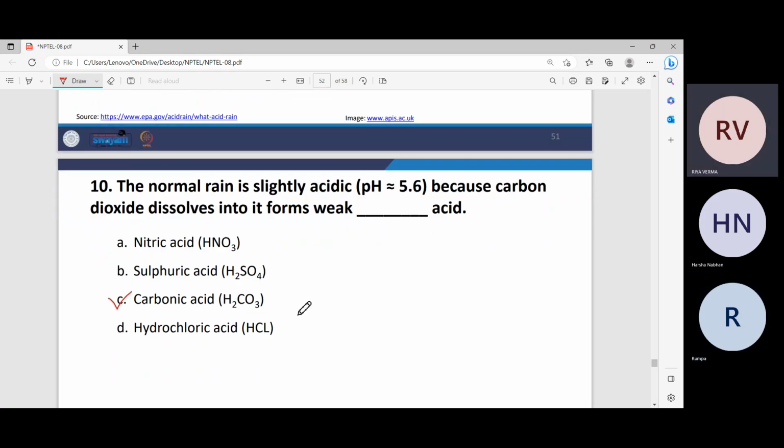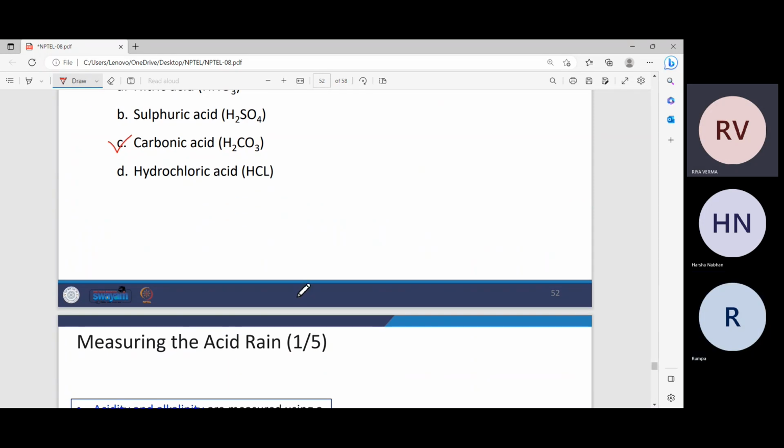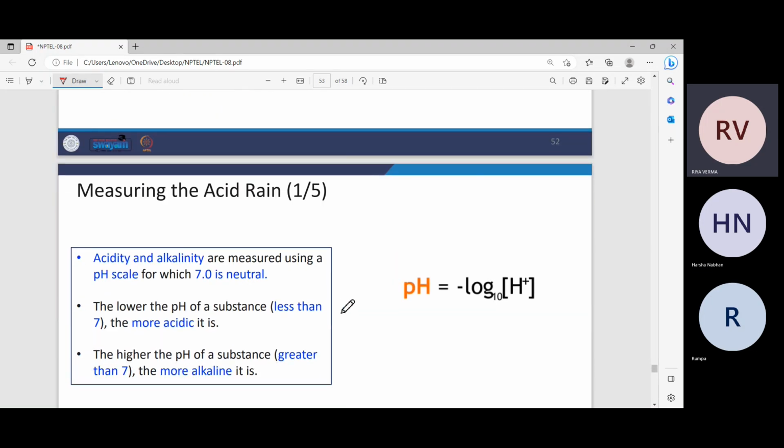It's carbonic acid. Okay, so how do we measure acid rain? How do we find out the pH of acid rain? Let's quickly have a look. Acidity and alkalinity are measured using the pH scale, where 7 is neutral, less than 7 is acidic, and more than 7 is basic or alkaline.